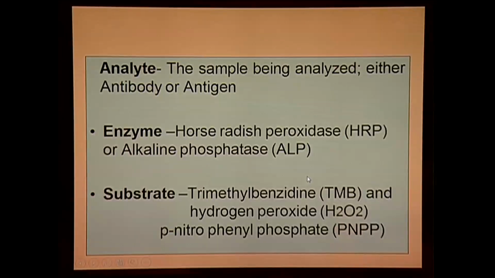The nascent oxygen will oxidize trimethylbenzidine to trimethylbenzidine oxide, and it will give a coloration. Similarly, if we use alkaline phosphatase as the enzyme, we have to use its specific substrate paranitrophenyl phosphate. Alkaline phosphatase will cleave the phosphoryl group and it will generate a color.